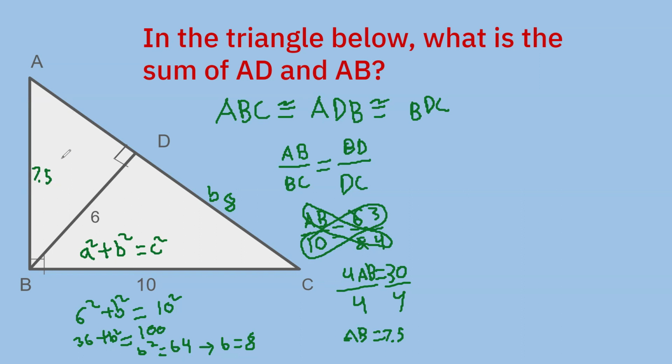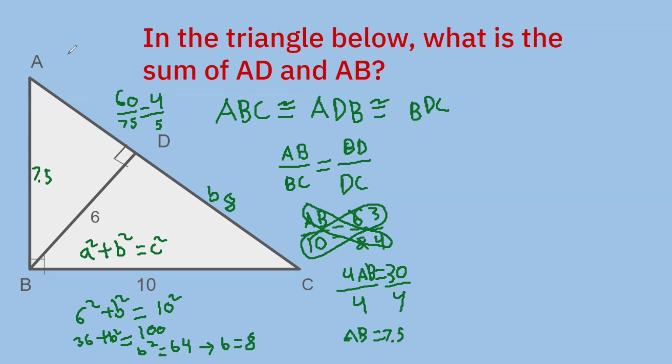So 6 to 7.5, so we have 60 over 75, I'm just moving the decimal place one over. That gets you 4 to 5, right? So to find this part, we just do 7.5 times 3 over 5.